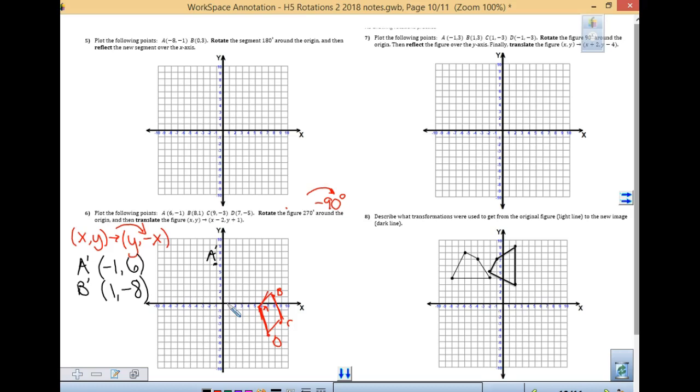So when we are looking at that 270, if we're going around, that's negative 90, right? 6, negative 1 stays as negative 1, 6. 8, 1 is going to become 1. Can't be negative 8, can it? Wait, this is going 90. I think we do 270.